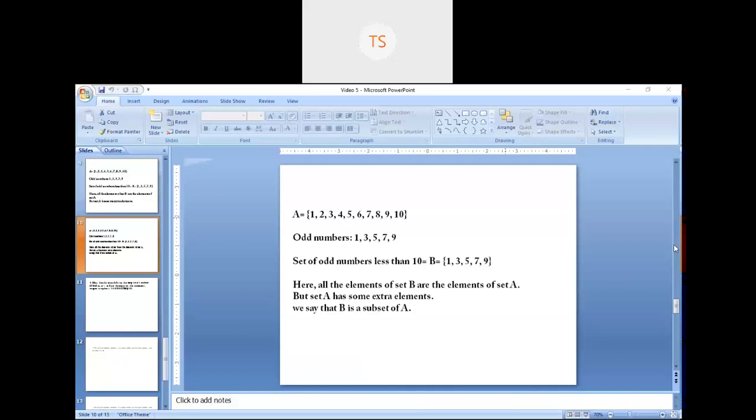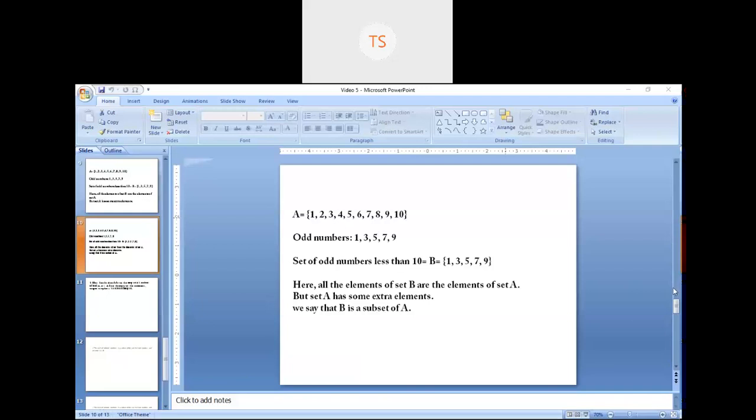Now can we say that capital C is also a subset of capital A? Yes, because every member of capital C, that is 2, 4, 6 and 8, is also a member of capital A. And the members of capital A are 1, 2, 3, 4, 5, 6, 7, 8, 9 and 10.